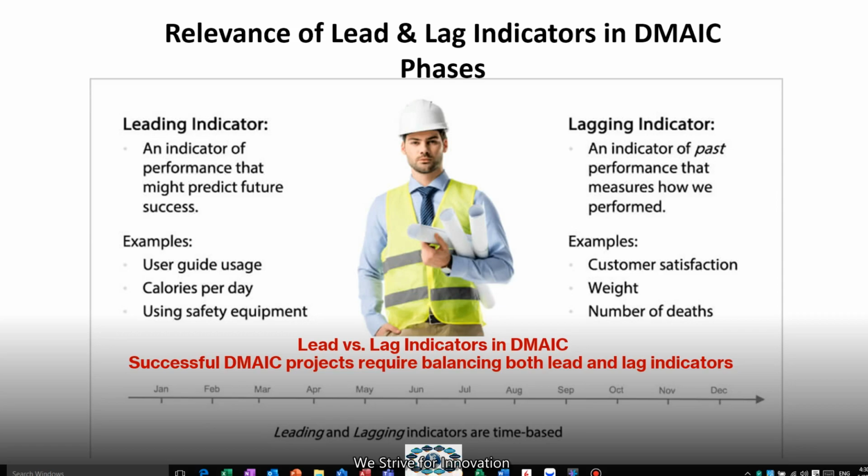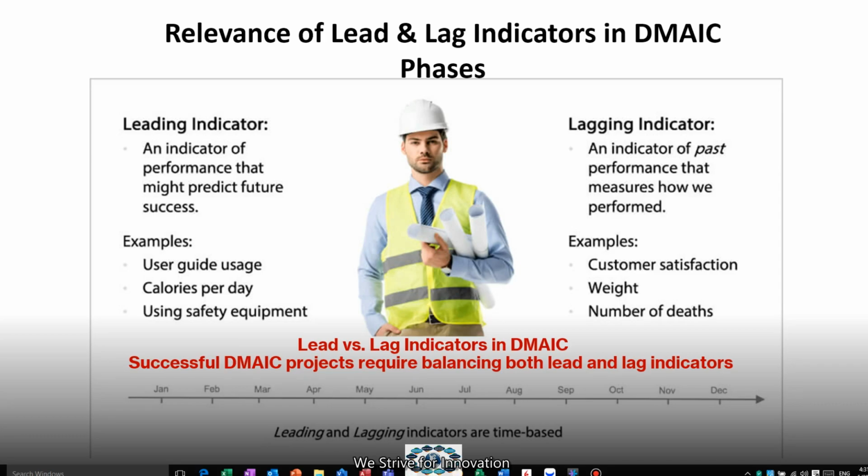For example, in the define phase, you will identify critical lead and lag indicators relevant to the business objective or plan of the management. In the measure phase, you will collect the baseline data for both sets of indicators, the lead and the lag, to establish the performance benchmark that you want to achieve.